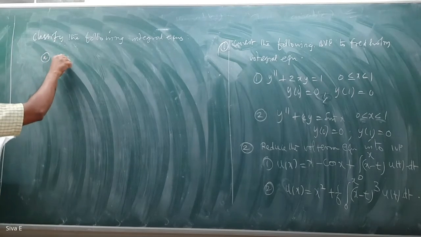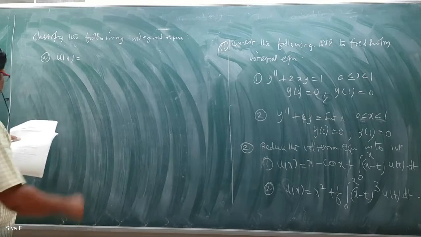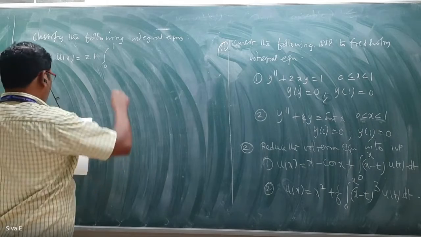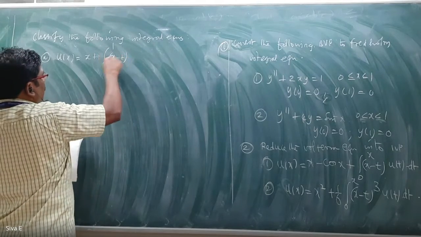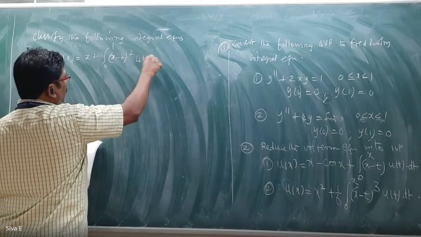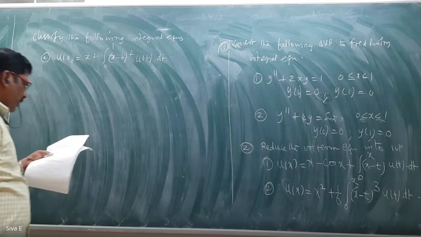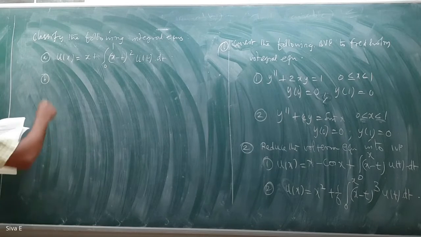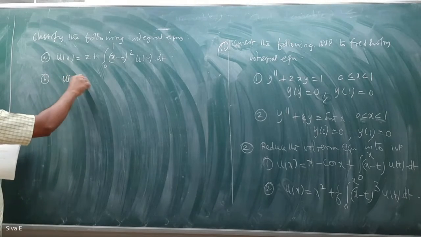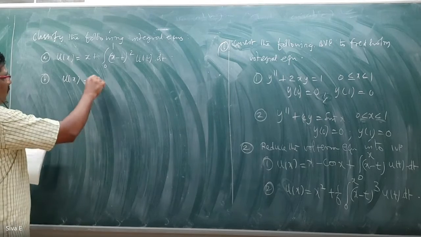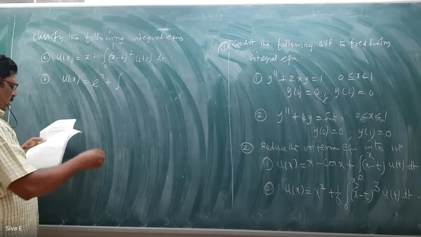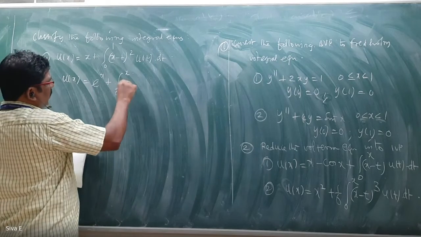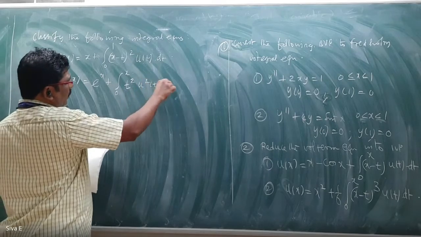A: u of x equals x plus integral from 0 to 1 of (x minus t) whole square u of t dt. B: u of x equals e power x plus integral over 0 to x of t square u square t dt.